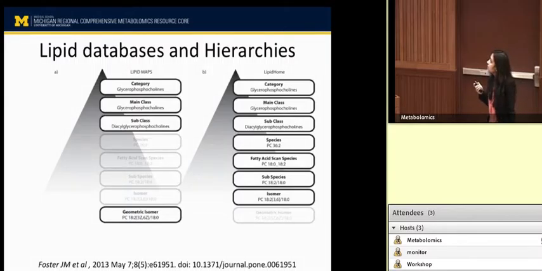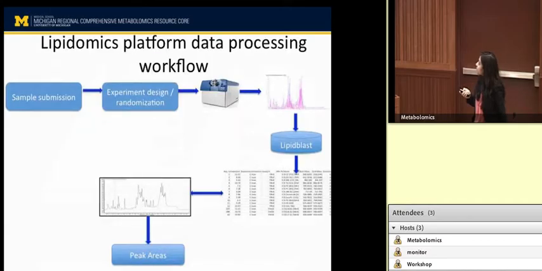But this is what you get right now. A lot of times people come back and ask, okay, this is PC36-2, but what is the fatty acid information? And if you try to search these things in LIPID MAPS directly by the names that we give, you won't get any information. So just a little about that.